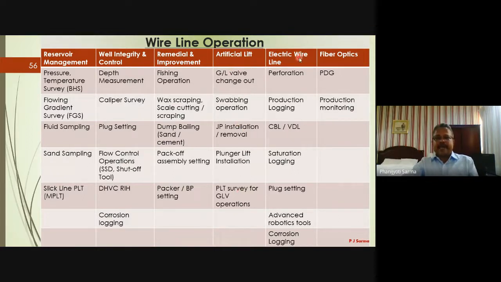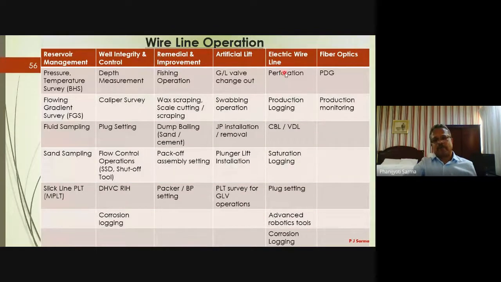Then with electric line, we can do perforation. Of course, we can also do perforation with the slick line, but with slick line the depth correlation would not be exact, as it doesn't have surface readout, so it has to be in the memory mode.